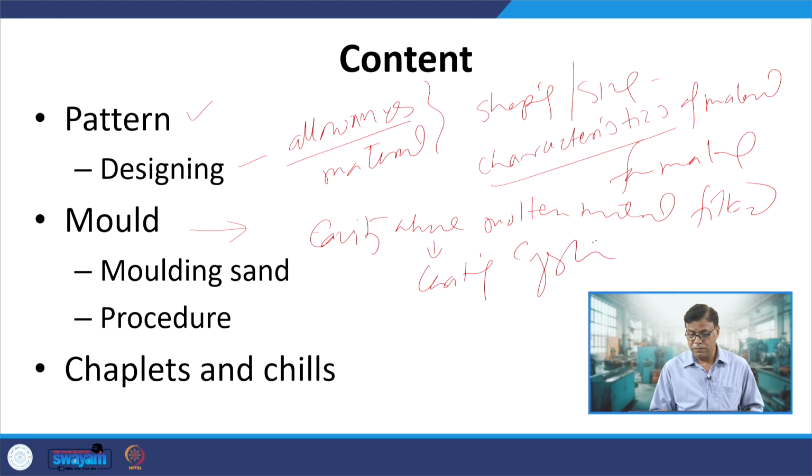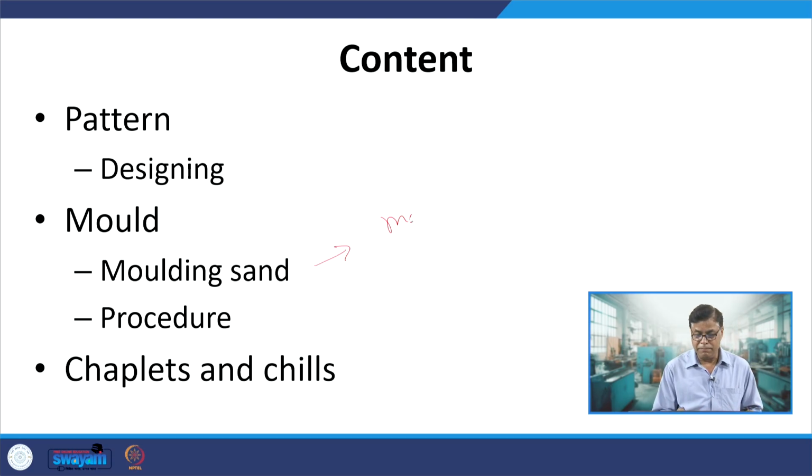There are a number of components like the pouring basin, sprue base, runner, ingate and a riser. So, the mold is one component in this. The mold can be made of a variety of materials. For low volume, high variety production of castings, we most commonly use the sand mold.